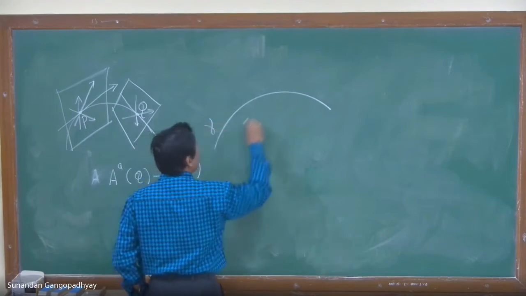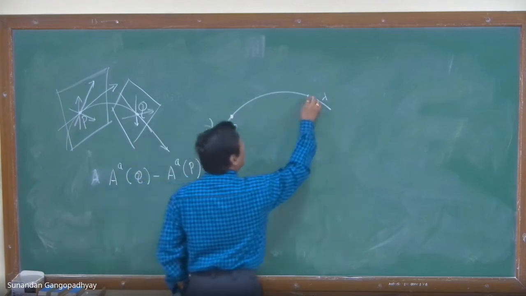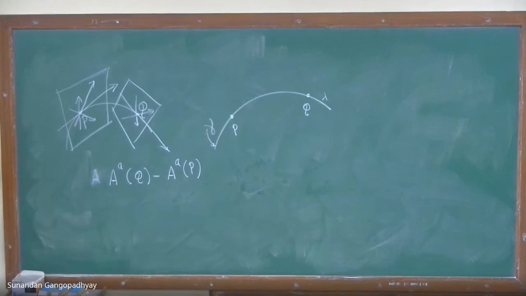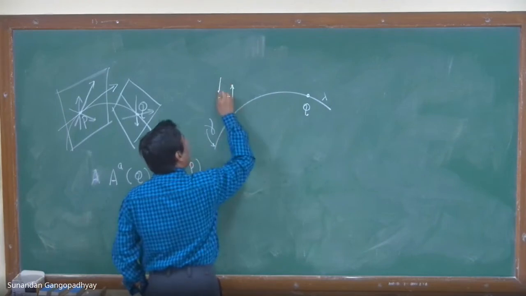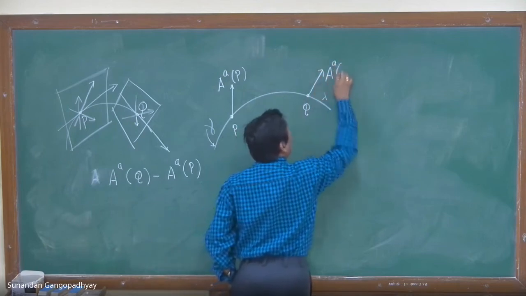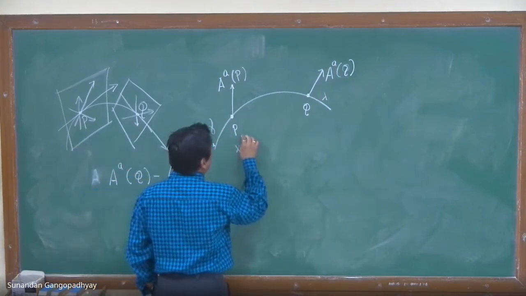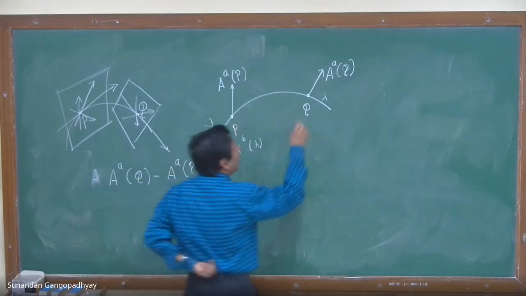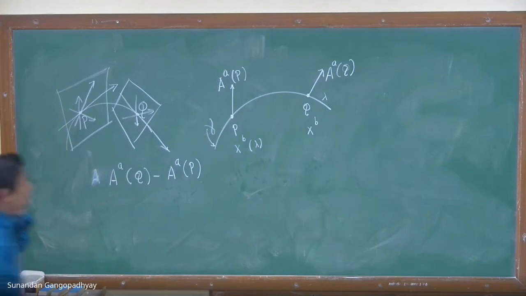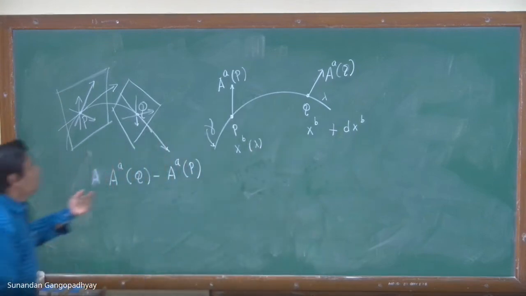This curve is called gamma, parameterized by lambda, and you have points P and Q. Here you have a vector A at P, here you have another vector A at Q. This point P I call x^b(lambda), and this point Q I call x^b plus dx^b.